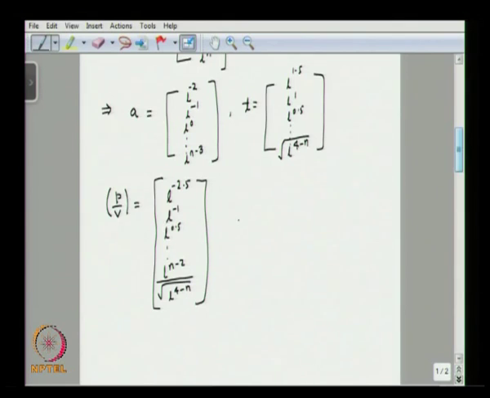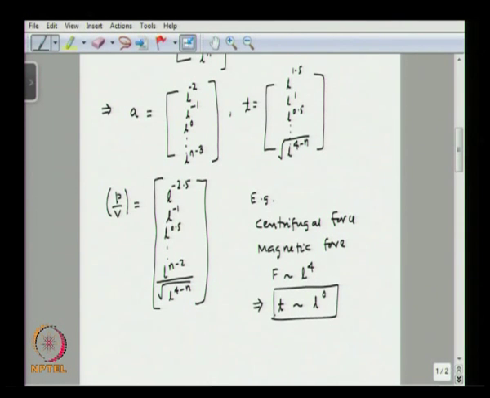So, if you consider the example of centrifugal force and magnetic force, here the force scales as L to the power 4, and in that case time would scale as L to the power 0.